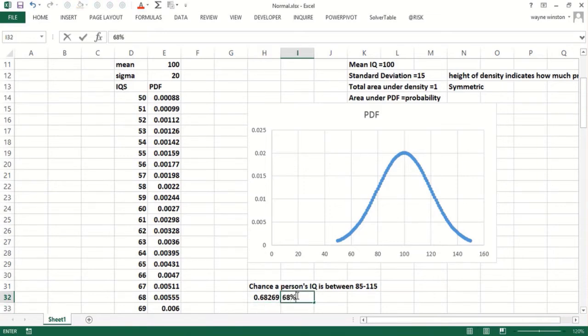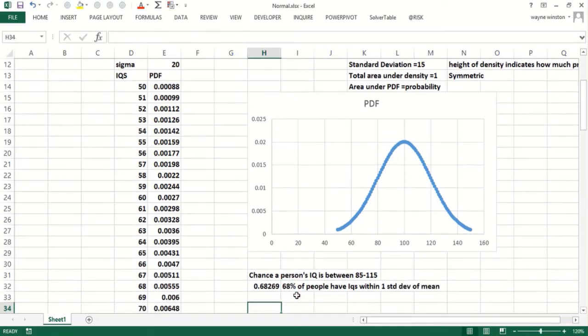So 68% of people have IQs within one standard deviation of the mean. Let's go within two standard deviations. Chance a person's IQ is between 70 and 130. We said that's about 95%.